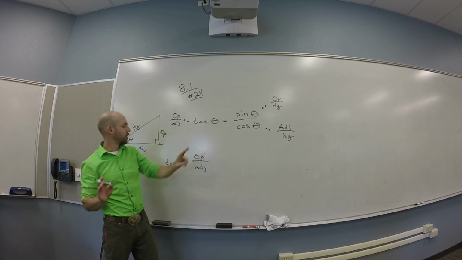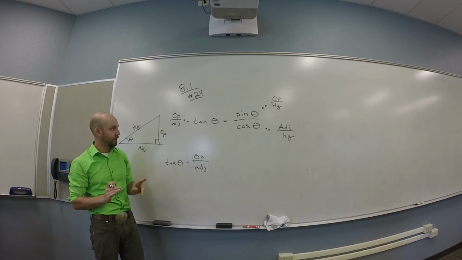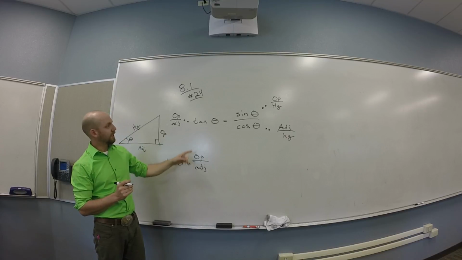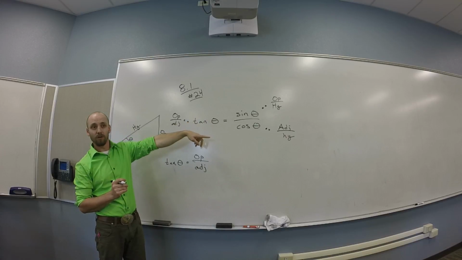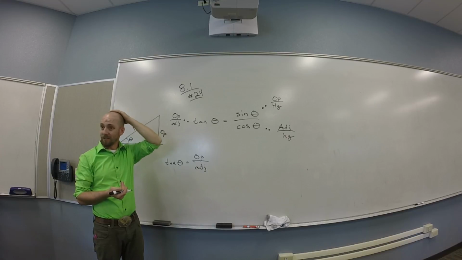Right. So I'm going to start with tangent, right? And I'm going to say, okay, tangent is the opposite over the adjacent, right? And then what do I need to see the sine and cosine in there? It looks like I need opposite over hypotenuse. Yeah, I need hypotenuse in there, right?